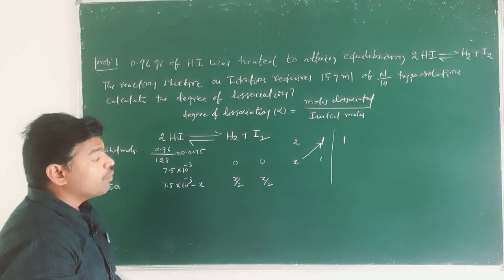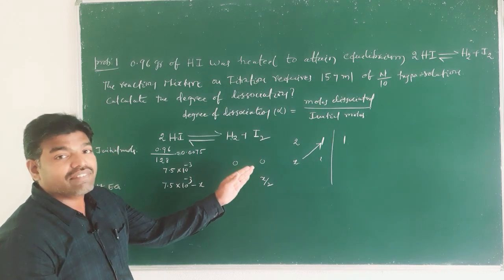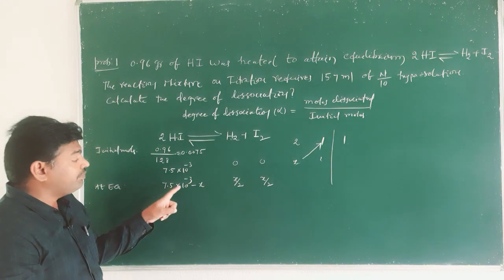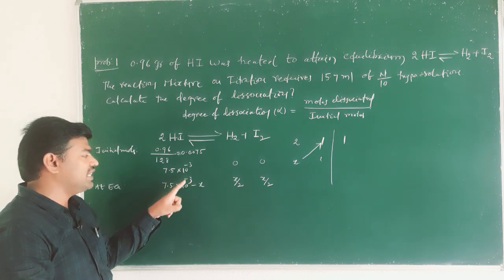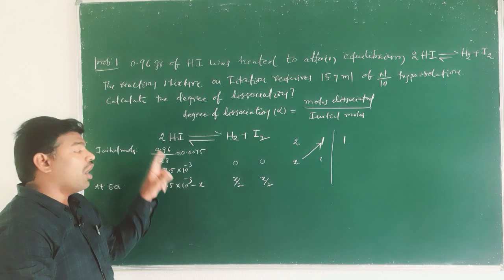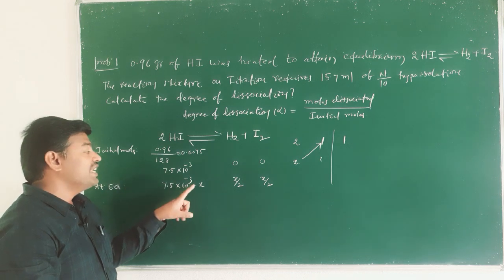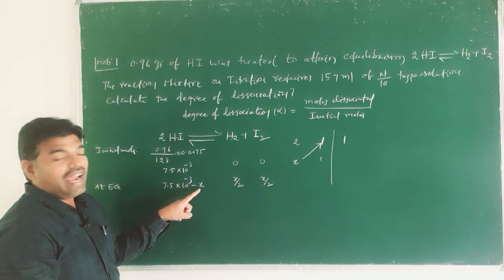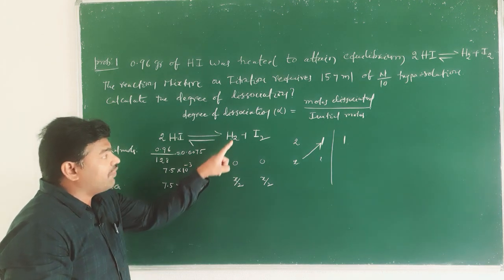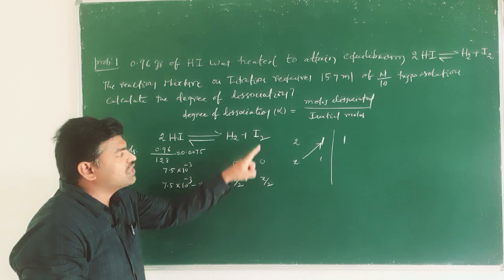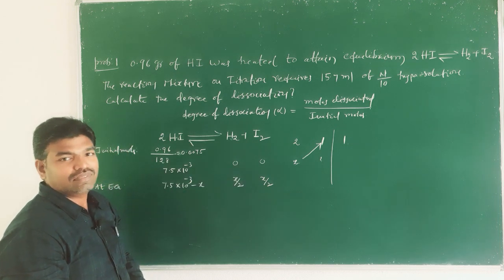Out of the initial moles, x moles dissociated, giving x by 2 moles of H2 and x by 2 moles of I2.